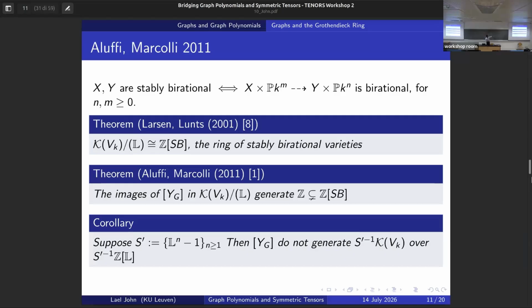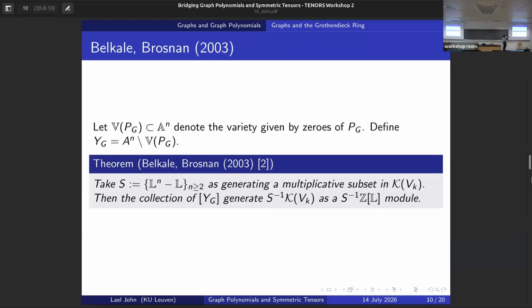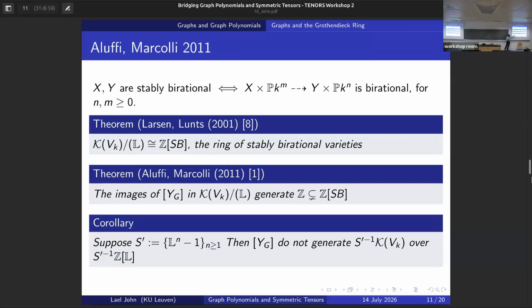And further, Aluffi and Marcolli also show in their 2011 paper that the localization matters, right? Because if you perturb the localization slightly, in the previous localization, a common factor of L, if now I take out a common factor of L, suddenly I don't get a generating behavior from these graph polynomials. So that's quite interesting.